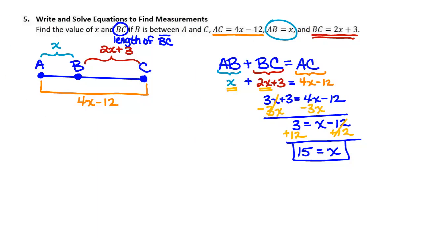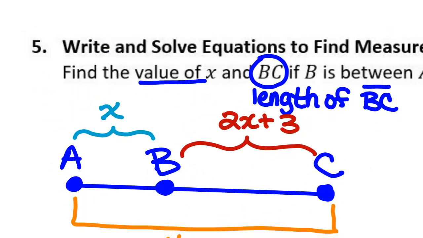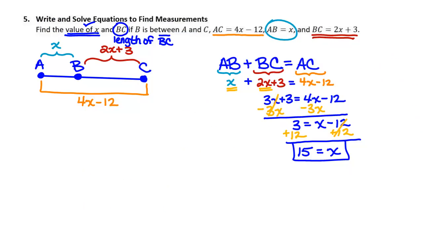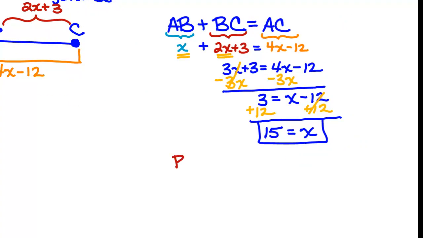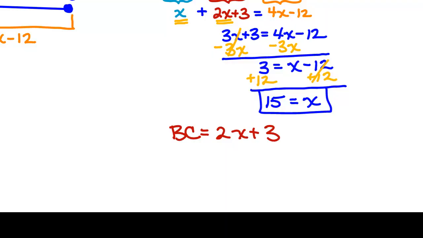That is part of what they asked me to find. It says find the value of x, and we did that. And then we also want the length of BC. Absolutely right. BC is 2x plus 3, and we're going to substitute in the 15 in the place of the x.